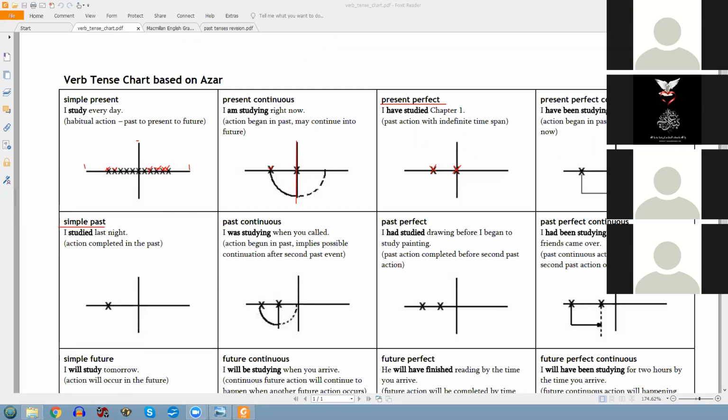Okay. So we talk about present perfect if something happened in the past and ended in the past, but it still has an effect, the results still affect us now. Do we know when this past action occurred? If we know the exact date that it happened, it will be simple past. Yes, that's it. Excellent.